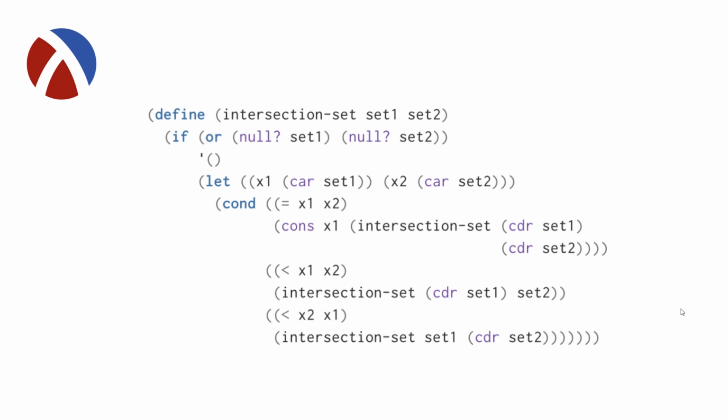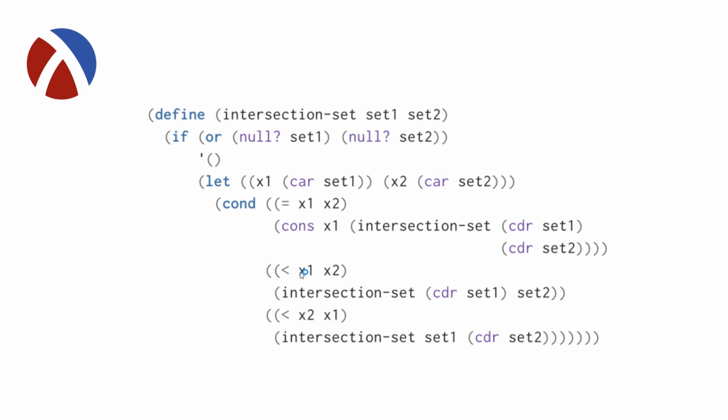And then we go to their implementation of intersection set. This one's pretty interesting. Basically, it has the same first clauses, checking whether either of them are null, and then returning the empty list otherwise. It does some bindings, x1 to the first element of set 1, and x2 to the first element of set 2. If they're equal, you cons this element, and then recursively work your way down set 1 and set 2 by calling cdr and your recursive call to intersection set.